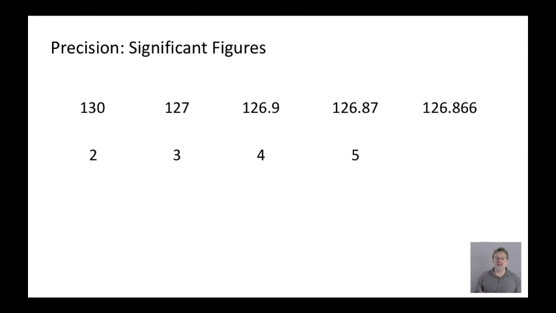So the important thing is that if we were to include any of these numbers in a calculation where we multiply this by something and then have to divide it by something else and stuff like that, we want to be able to give an answer that's appropriate to the amount of precision in the measurement.